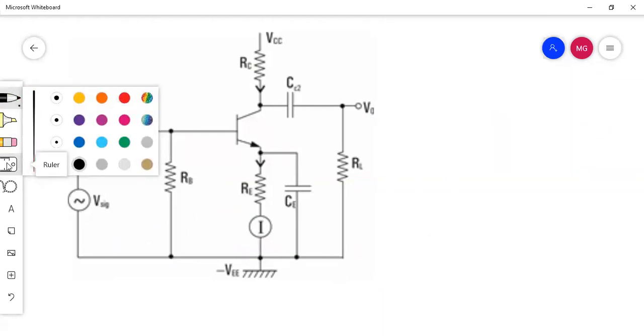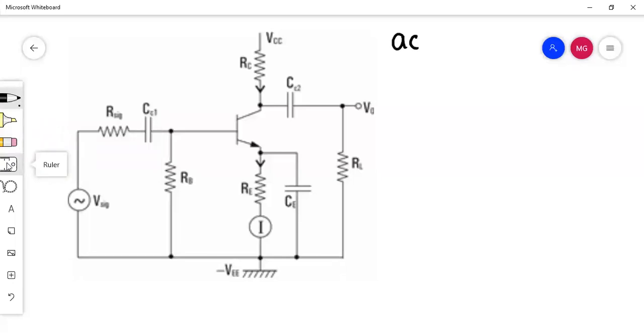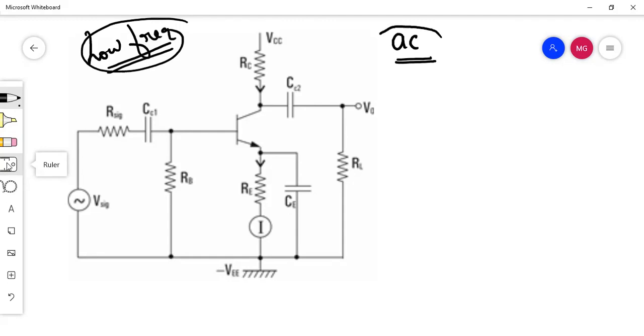I need to take the AC analysis. We are doing the low frequency analysis, taking the AC analysis. If you are dealing with AC analysis, you know that the capacitor must be replaced with a short circuit.